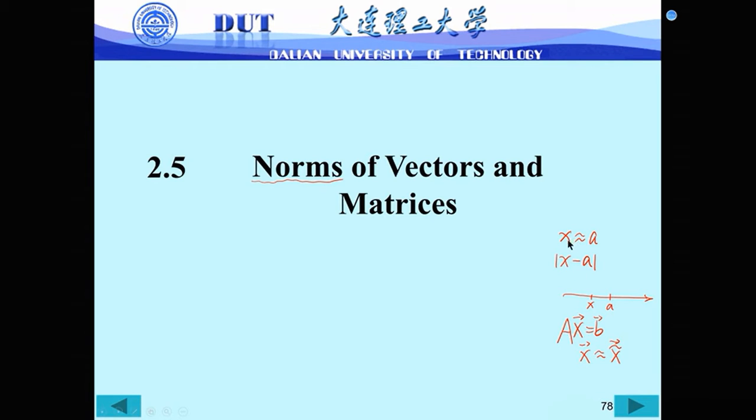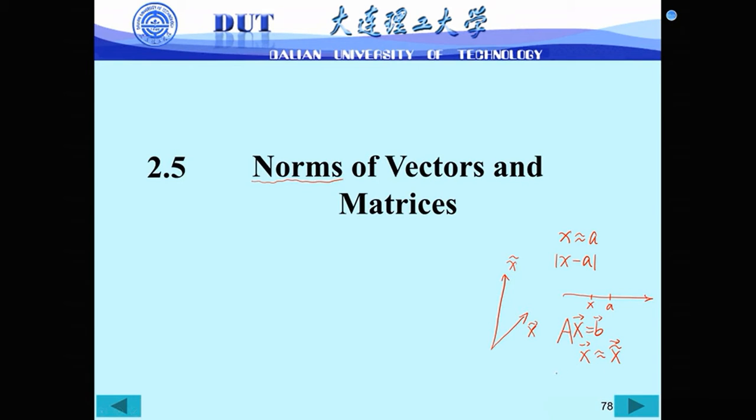For numbers x and a, we can just use the absolute value to represent the distance between the two numbers. But here x is a vector like this, and x tilde may be like this. So now we need to estimate the error between the two vectors.